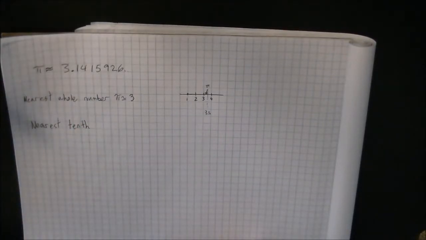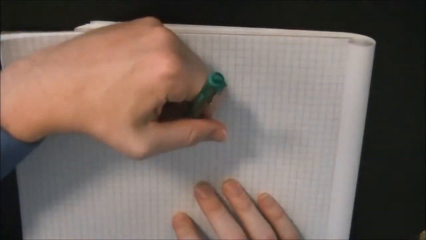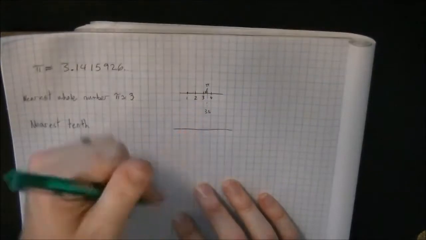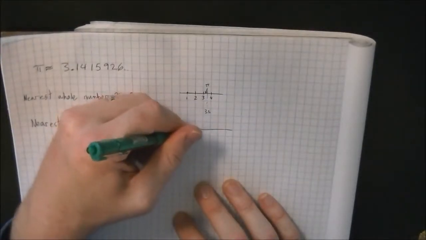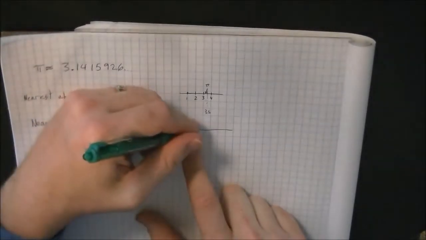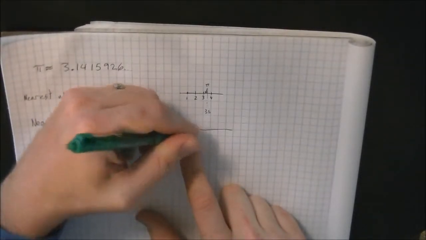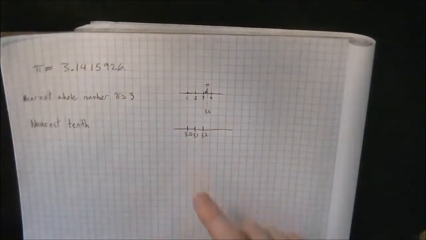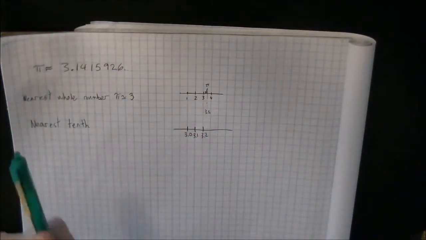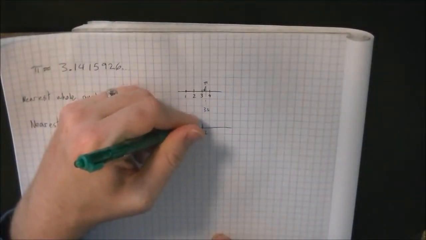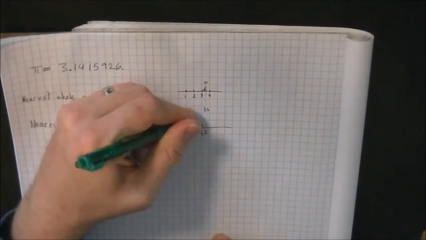So if we're rounding to the nearest tenth, then our number line, instead of whole numbers, is going to look at just numbers to the tenth. So 3.0, 3.1, 3.2, and so on. And pi is between 3.1 and 3.2. It's somewhere around here. This is pi.